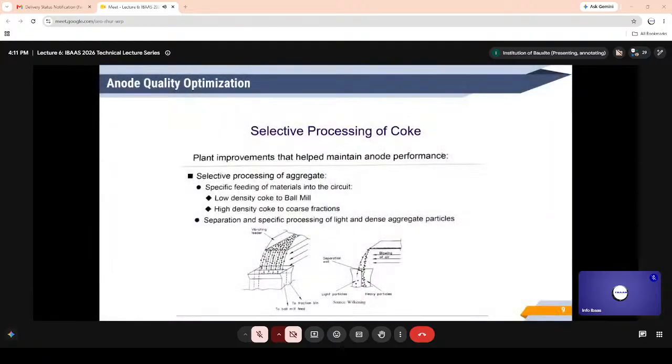Cokes available in the market have more fines and small size particles. The fines and small particles are separated from large grains by improved methods of screening. The fines and small size particles are used to produce fines fractions. The large particles are used to produce coarse fractions.